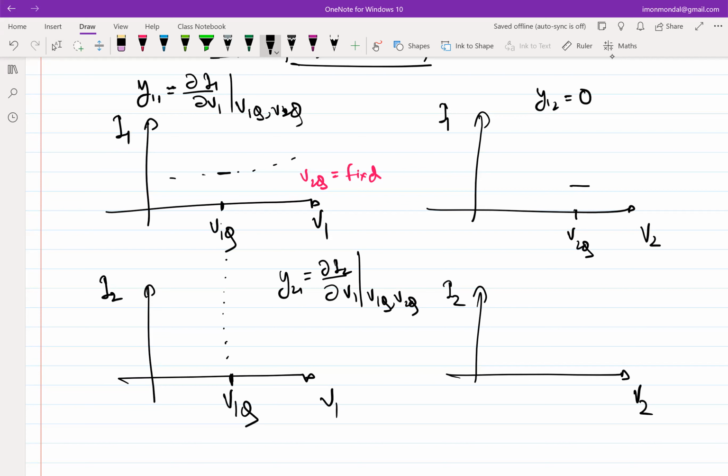As high as possible, which means what should the expected IV characteristics be around V1Q? Parallel to the y-axis, right? If it's parallel to the y-axis, the slope is infinity, or in other words, it has to be very high. Don't go to infinity, maybe I make a steep slope. Similarly, Y22 equal to 0 means again you'll have V2Q, and this will again be flat.